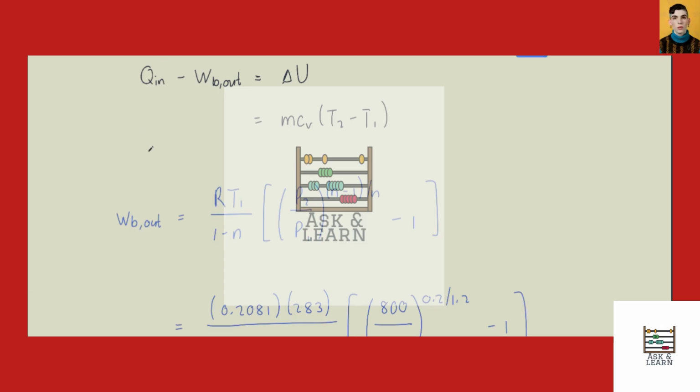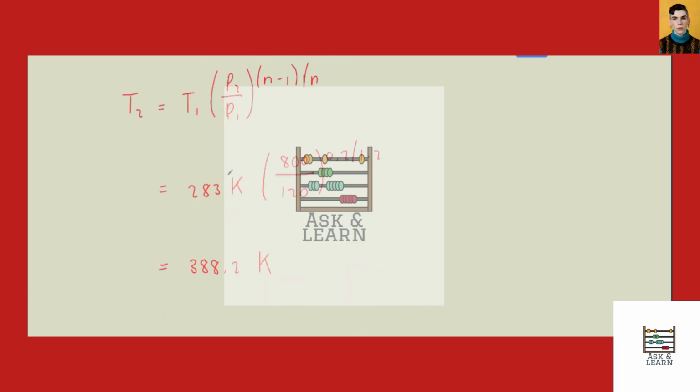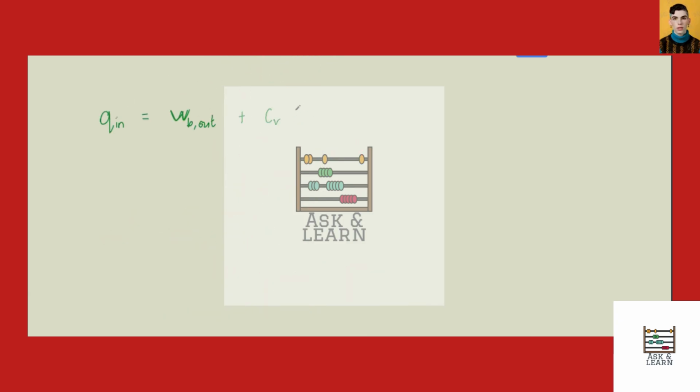So Q over m is small q and W over m is small w. So this is equal to Cv times (T2 minus T1). We see the m vanishes.